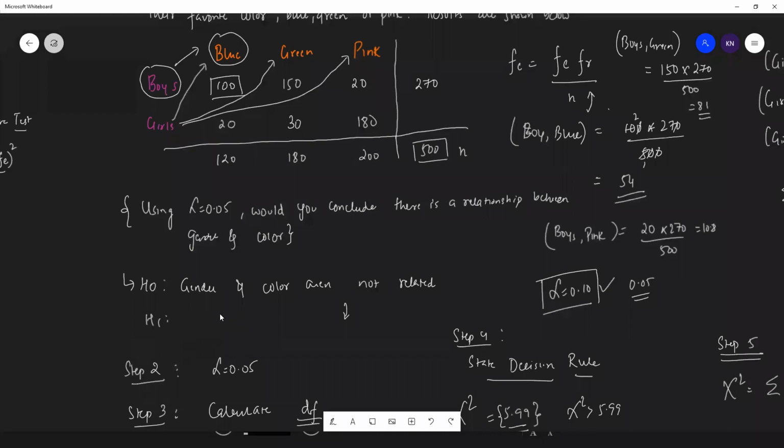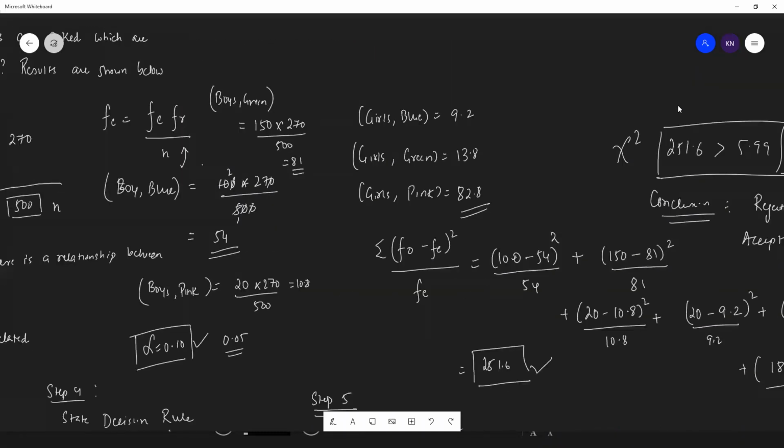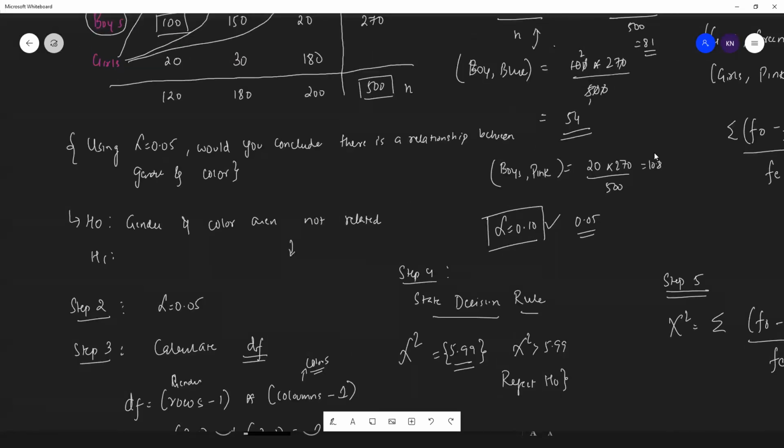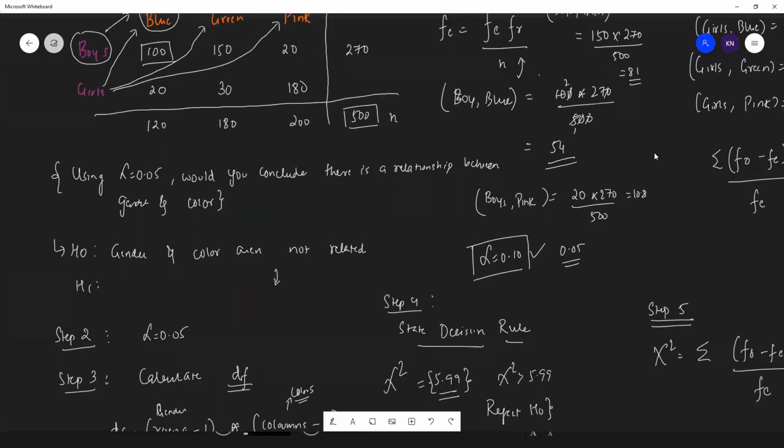See, genders and colors are not related, but this is proving whether they are related or not. They are proving that it is related, right?